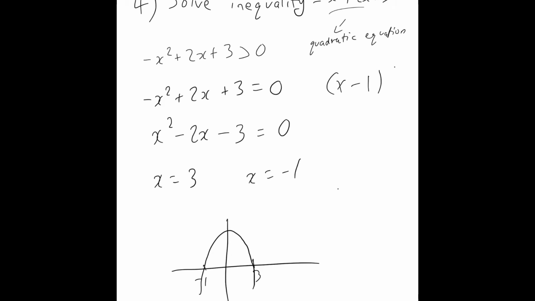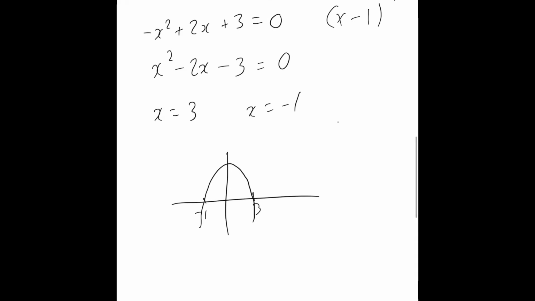So now in order to solve this inequality, you need the bit where the graph is above the x-axis, as it is greater than 0. So reading out the graph, you can see that the solution should be x is less than 3, since you want the values everything less than 3, and x should be greater than -1.